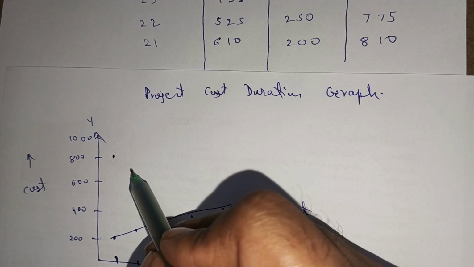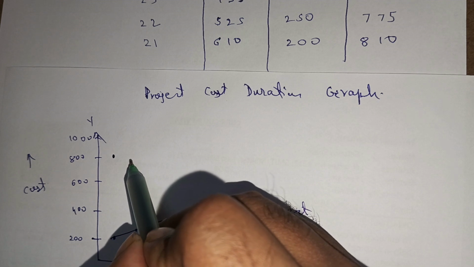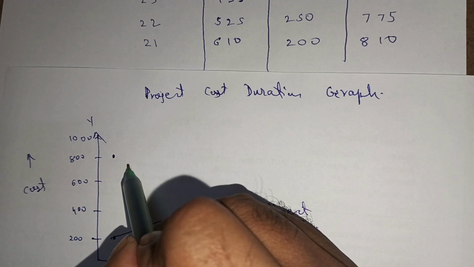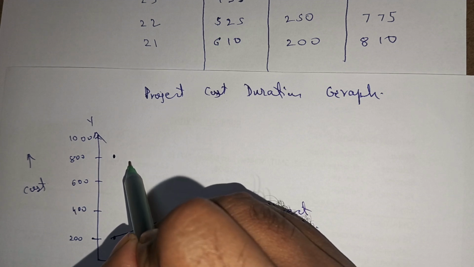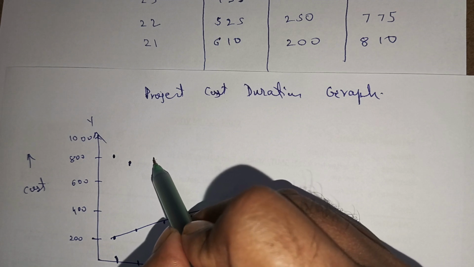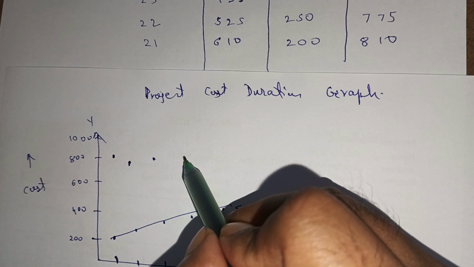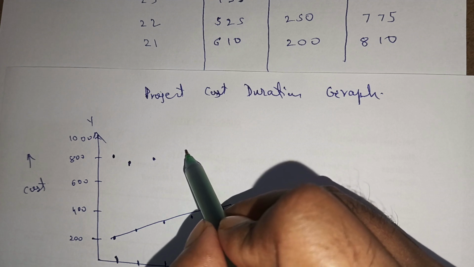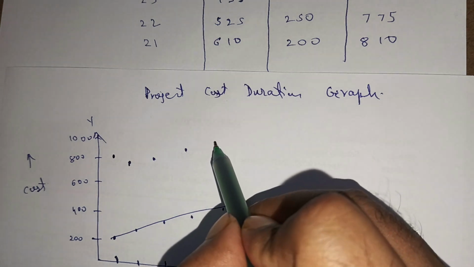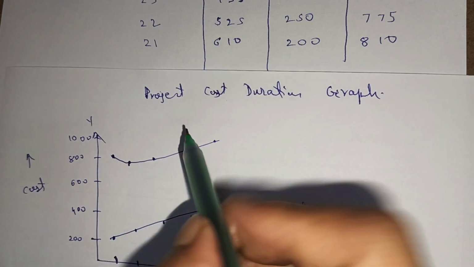For 22 days we have 800, no, for 22 days it is 775, somewhere here. For 23 days it is 795, somewhere again here, and 24 it will be 820. Okay, and the next is 850 somewhere here. Okay, so we get a curve something like this.